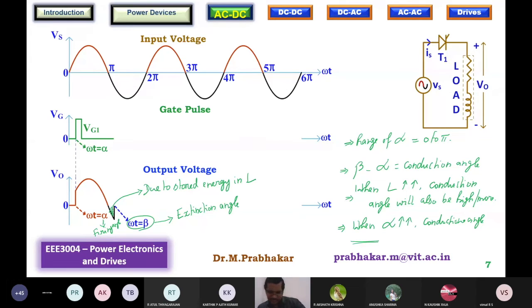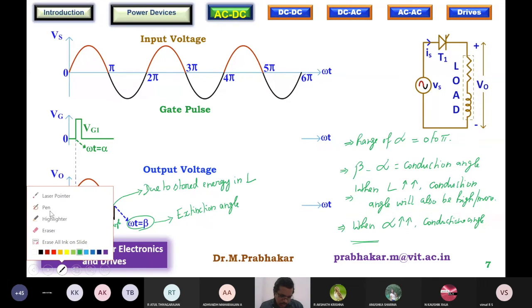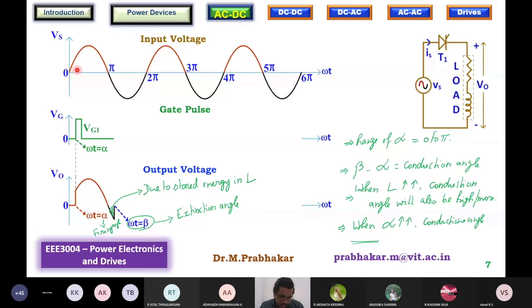It decreases. See, when you push alpha beyond 0 towards pi, the duration available for the SCR to conduct and transfer energy to the inductor is going to be less. That is the conduction angle. Therefore, when the conduction angle becomes less, a lesser amount of energy will be stored. So this portion will also reduce. The conduction angle comes down.